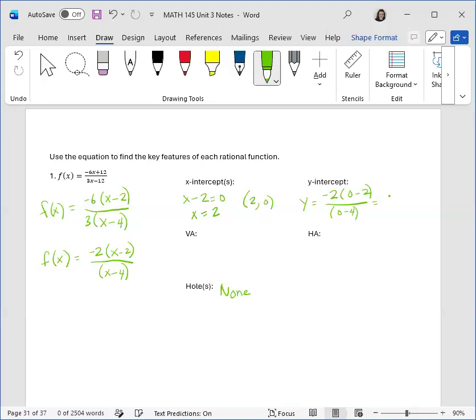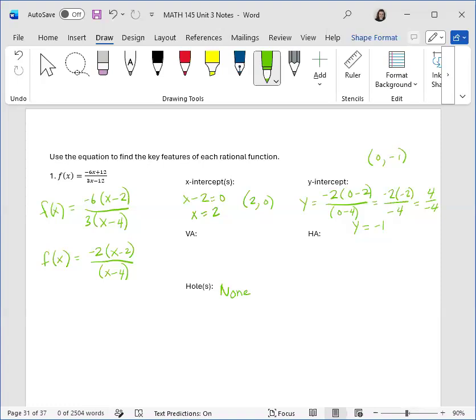Okay, so 0 minus 2 is negative 2, so we're going to have negative 2 times negative 2 as the numerator, and then 0 minus 4 is negative 4. And so if we simplify this, we have negative 2 times negative 2 is positive 4 divided by negative 4. So that tells me that y equals negative 1. So my y-intercept is going to be located at the x value of 0 and the y value of negative 1.